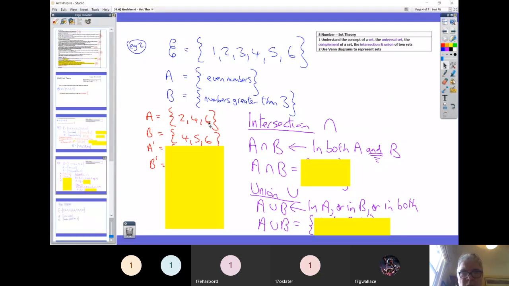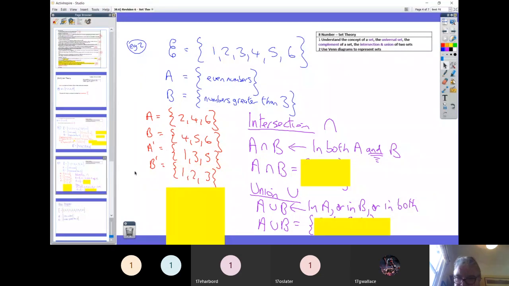So that must be 1, 3, and 5. And then which numbers in our universal set are not in B? They're not 4, 5, and 6. That must be 1, 2, and 3. So pretty straightforward, I think.